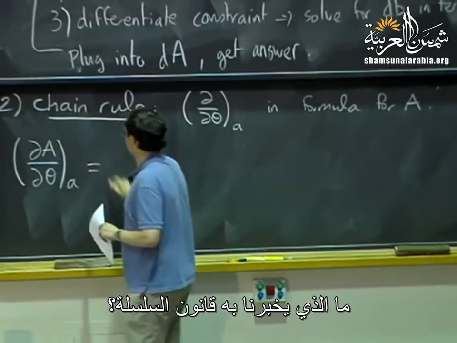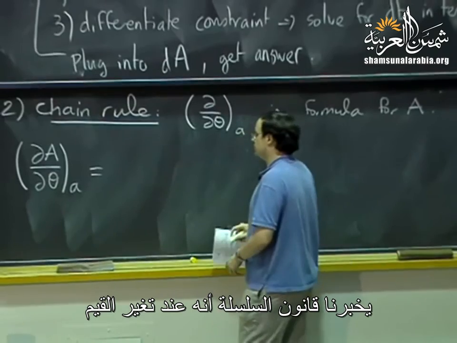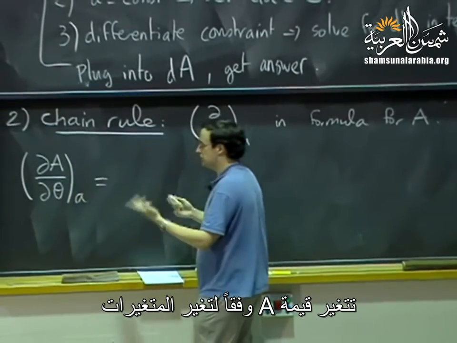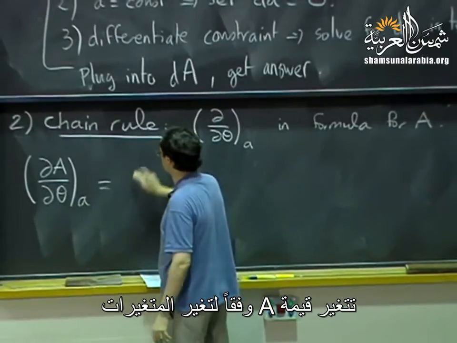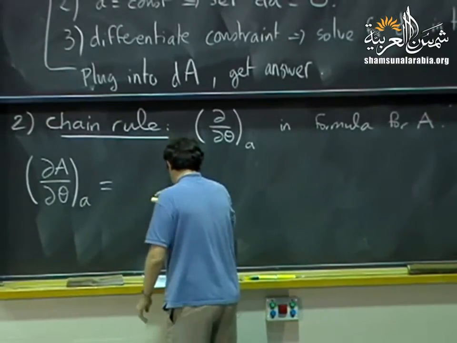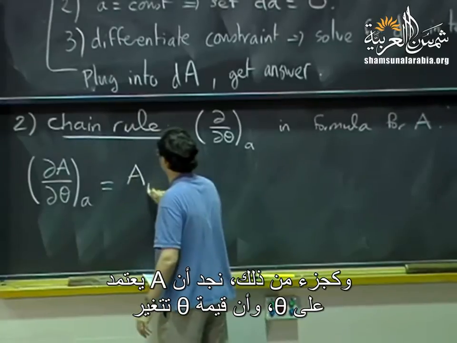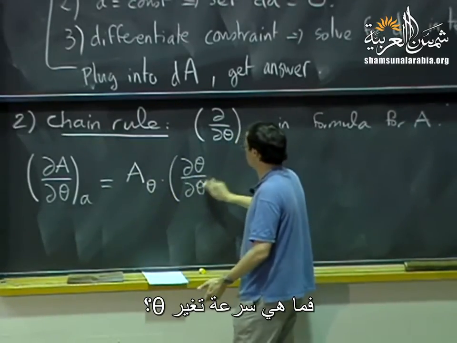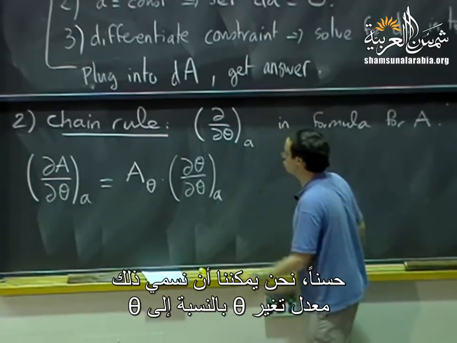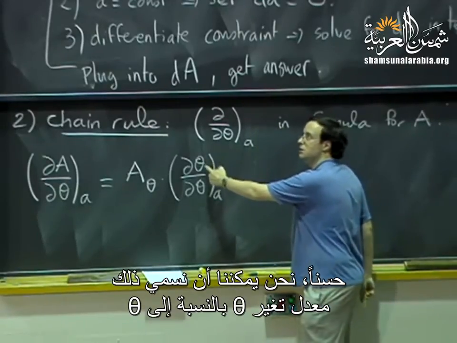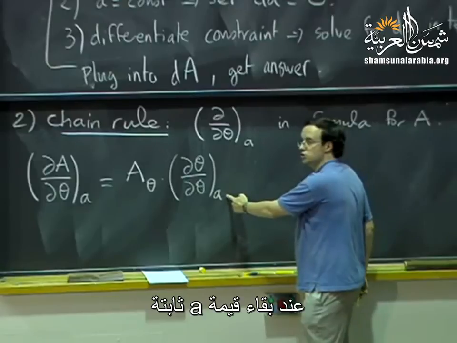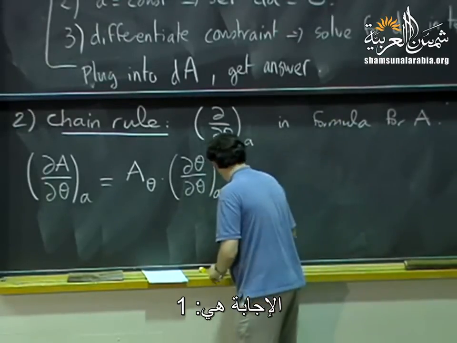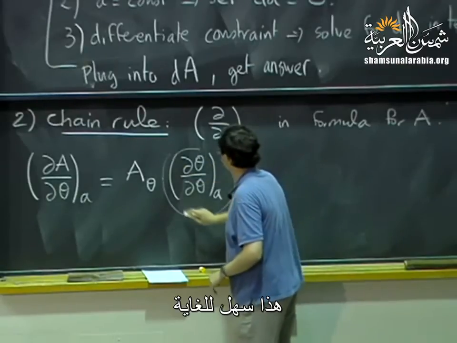So what does the chain rule tell us? It tells us that when we change things, A changes because of the changes in the variables. So part of it is that A depends on theta, and theta changes. How fast does theta change? Well, you could call that the rate of change of theta with respect to theta with a constant. But of course, how fast does theta depend on itself? The answer is 1. So that's pretty easy.